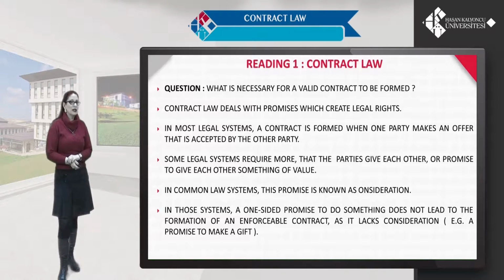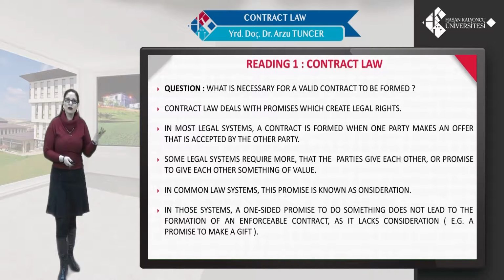Contract law deals with promises which create legal rights. In most legal systems, a contract is formed when one party makes an offer that is accepted by the other party. Some legal systems require more, that the parties give each other or promise to give each other something of value.